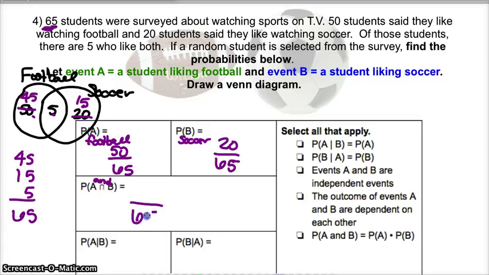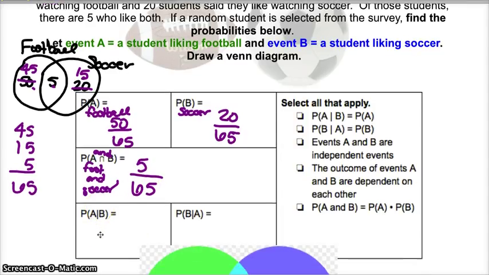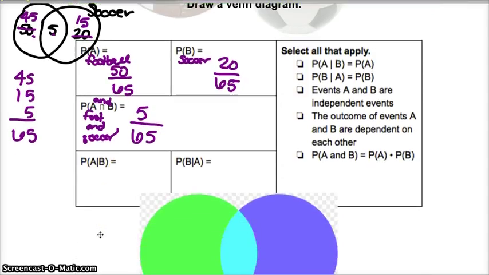Again, out of all 65 participants of the survey who liked both football and soccer. These are the people that are being overlapped. There were 5. The probability of A, oh, there's my Venn diagram. The probability of A, these are people who like football, given that we're looking at those people who also like soccer.